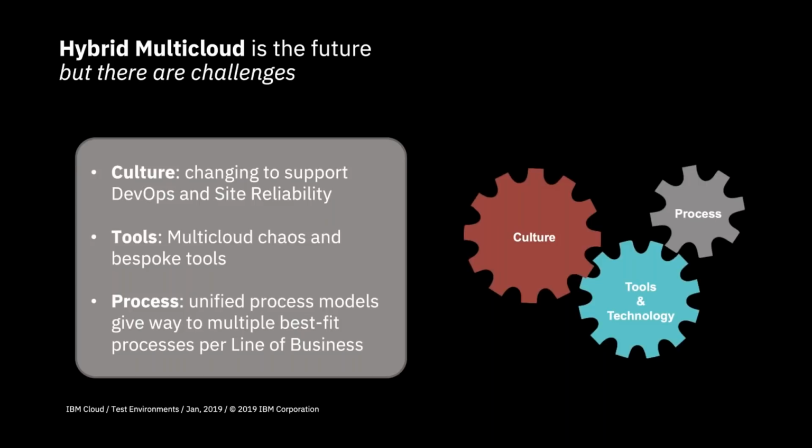We're also seeing unified process models giving way to multiple best fit processes that are set up on a per line of business basis. So in the past, unified process models were attempted around ITIL models with the objective of creating a one-size-fits-all solution across the enterprise, with a heavy focus on central IT command and control.